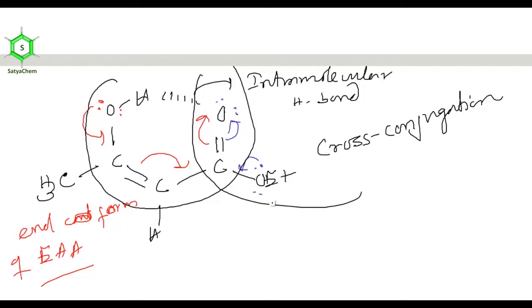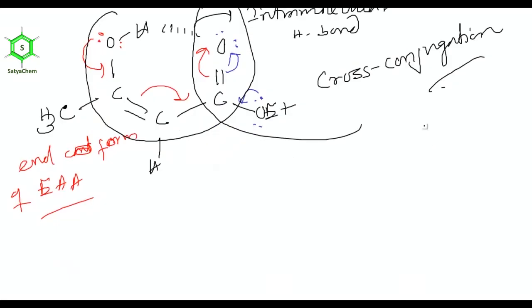So in the enol form of EAA, extended delocalization is not possible due to cross conjugation. But in the enol form of acetyl acetone, extended delocalization is possible. Extended conjugation is present. Let's see.